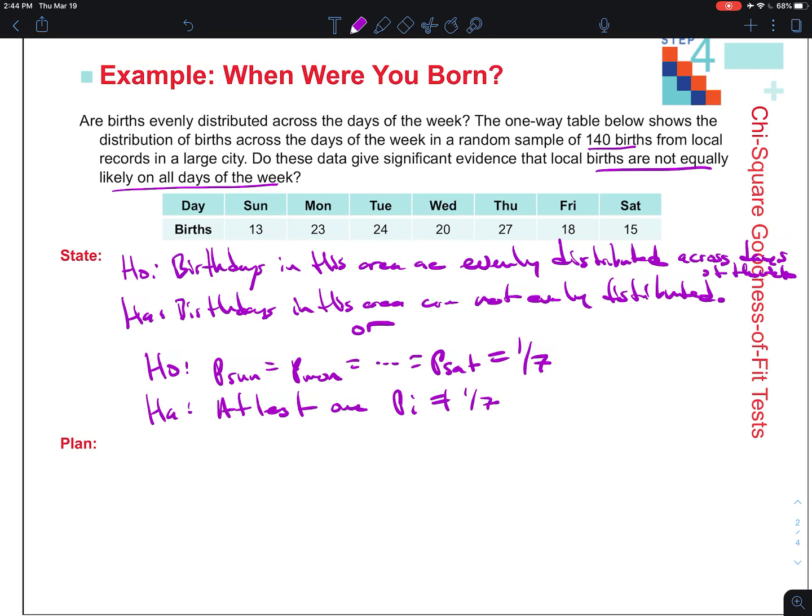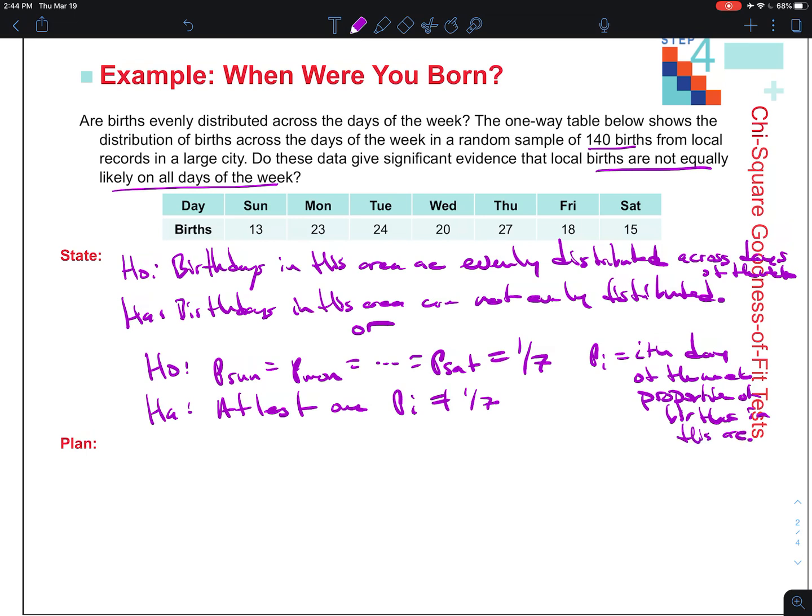And you want to be sure that you define that P sub i equals the ith day of the week proportion of births in this area.